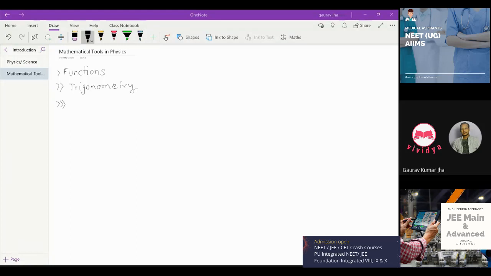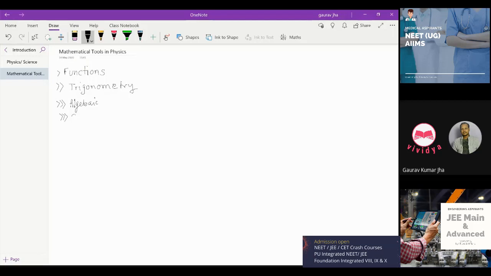Okay, let's go ahead. Trigonometry we'll study, and then we'll see some algebraic functions, mostly quadratic and linear. Trigonometry is done, algebra is done, then we'll do some graphs in algebraic functions.